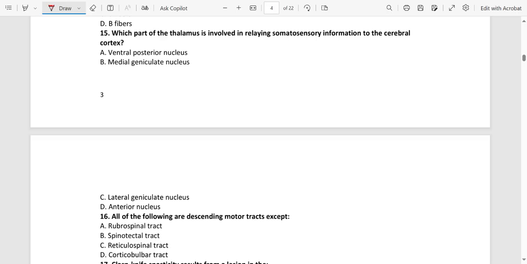So when you look at the way information comes from down, when you are looking at the ascending tracts, you are going to have information coming from down, going via these ascending tracts. The information will first go to the thalamus.